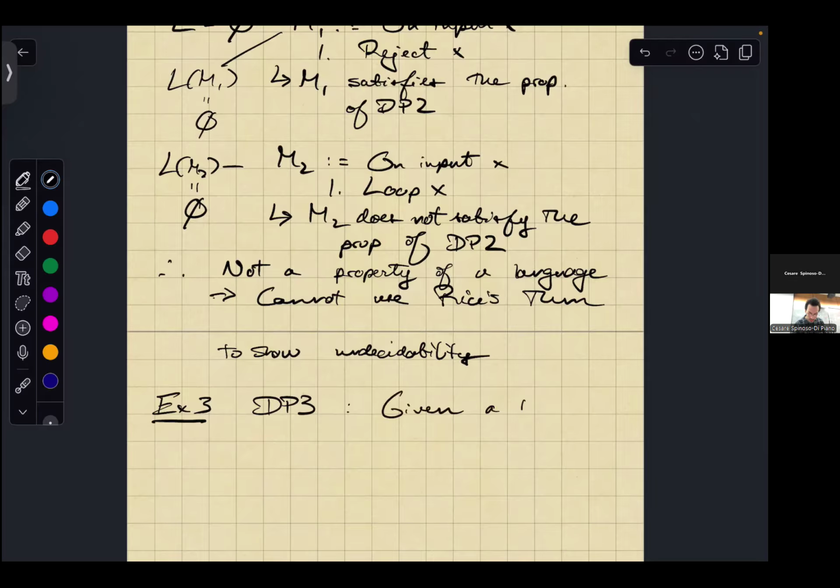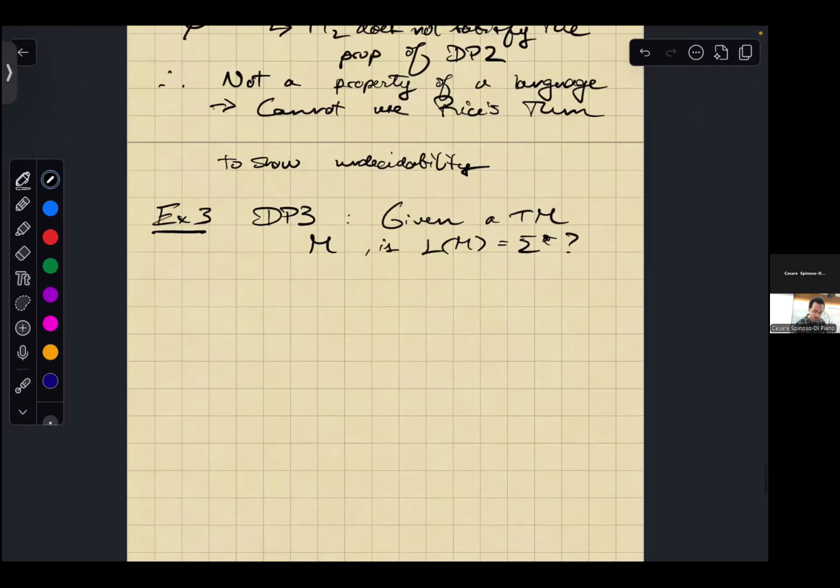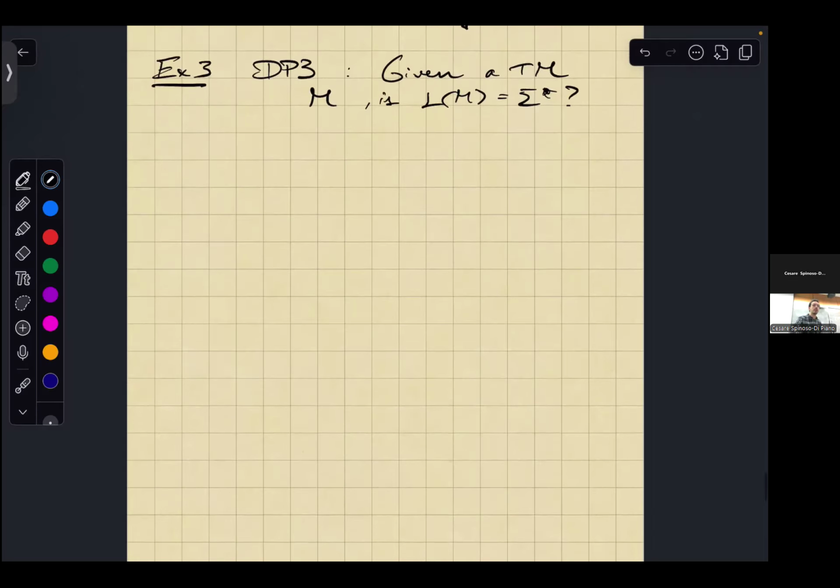Given a Turing machine M, is L of M equal to sigma star? I want to determine whether I can use Rice's theorem to show that this decision problem is undecidable. Even though we're running short on time, let me give you a minute to think about it.